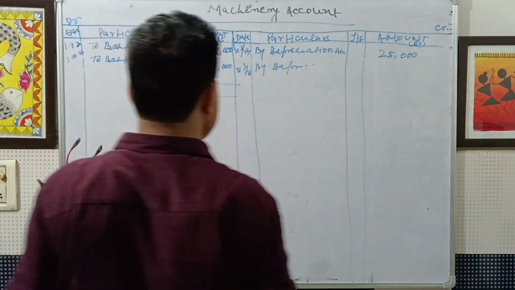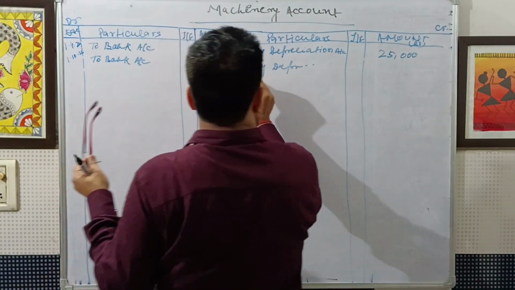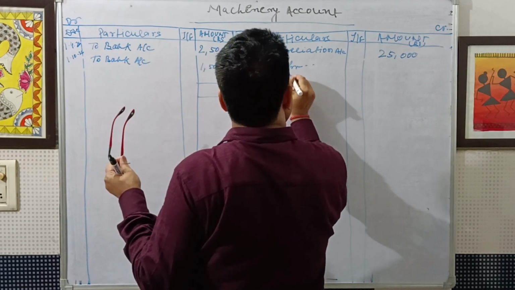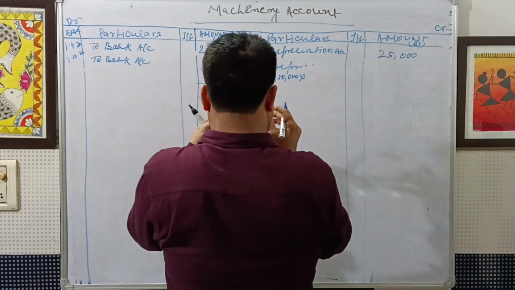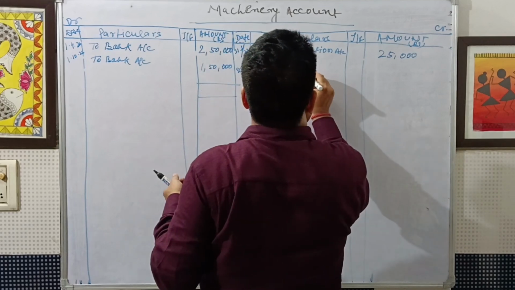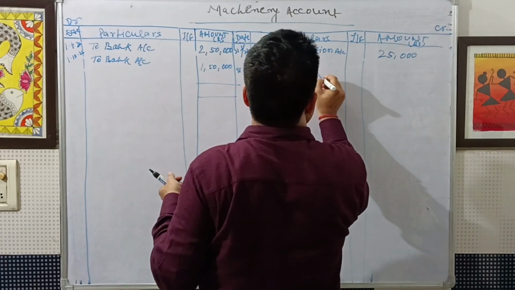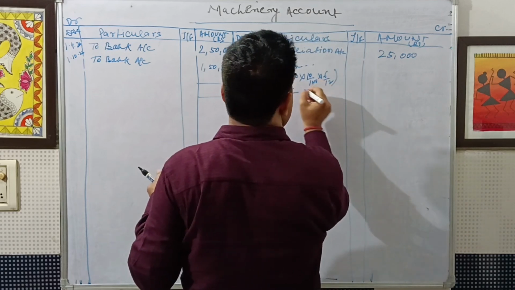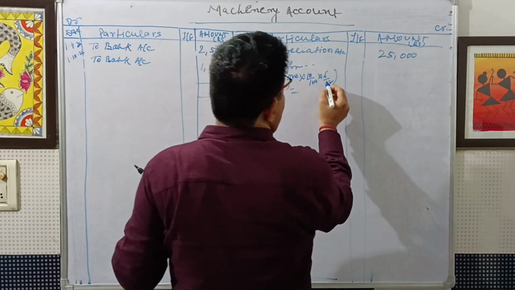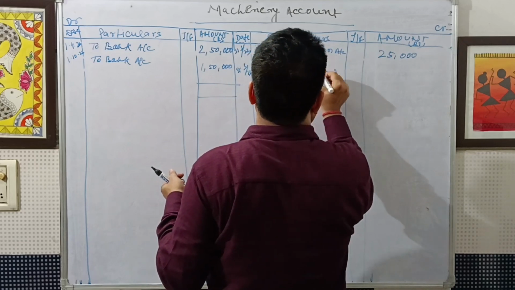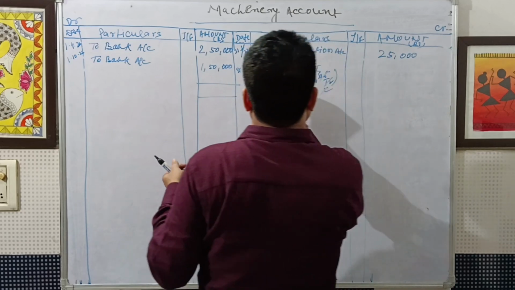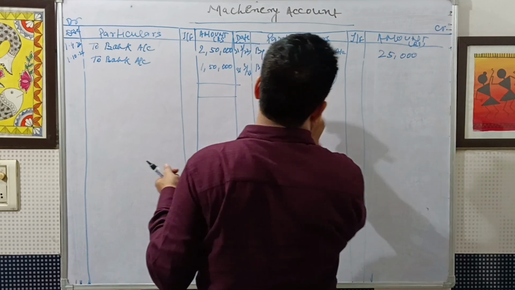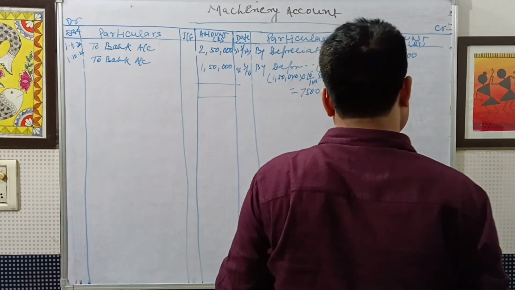Why 7,500? Because the calculation is 1,50,000 into 10 by 100 into 6 by 12. So you calculate it like that, and the depreciation is 7,500.